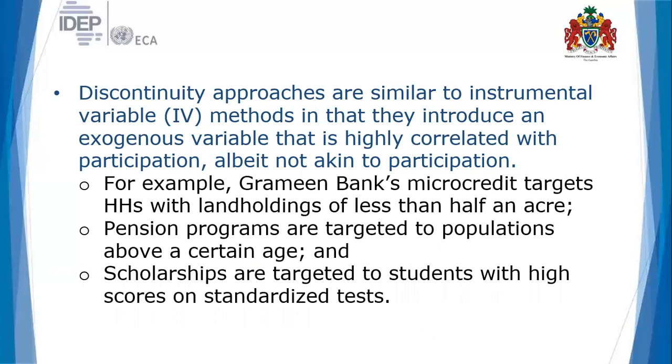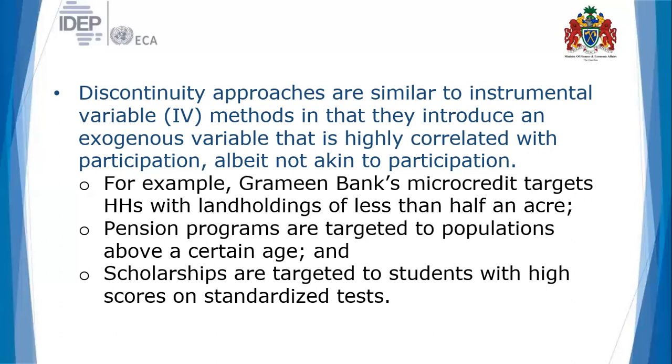So households or families that have a land size of less than half an acre are eligible to participate. Those with more than half an acre are not eligible. So that becomes a cutoff point. Land holding size that is below or equal to half an acre becomes the cutoff or threshold.